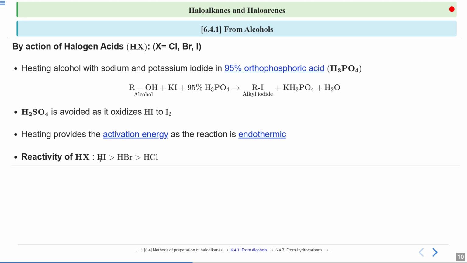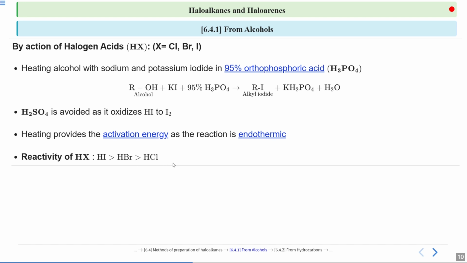Also, direct use of hydrogen iodide is very challenging because it is a very volatile compound, having the highest volatility. It is a strong acid and also a strong reducing agent.